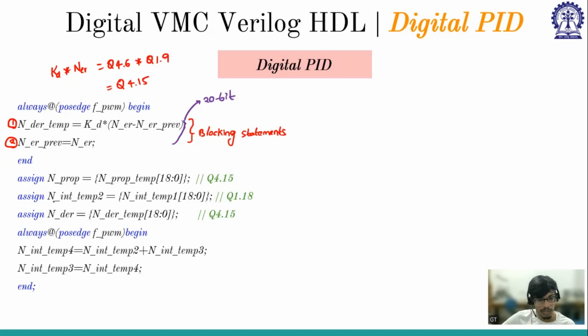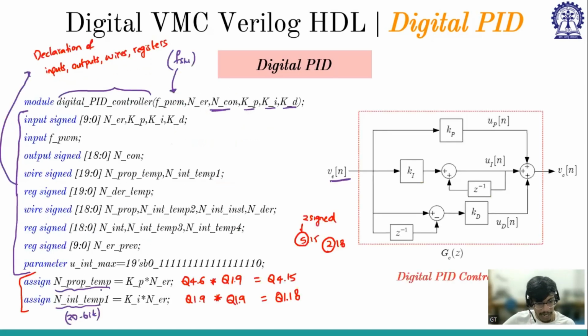So what is n prop temp? N prop temp is 20 bit, which means 19 to 0, and the most significant bit is redundant. We don't want it, and it is not needed also. So we have to ignore the most significant bit.